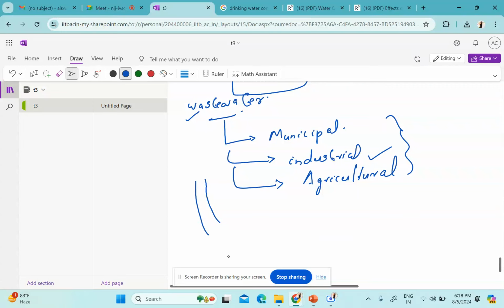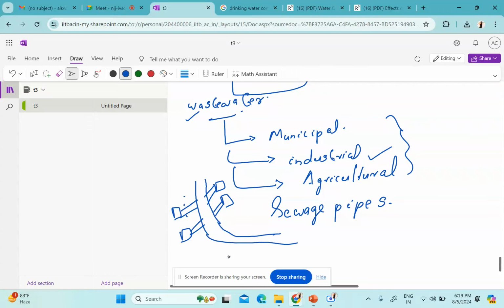For collecting, we said sewage pipes are there. This sewage pipe can serve the municipal sector, agriculture fields, and small scale industries. So this pipe will collect all the wastewater from the different fields, and then we have to treat it.